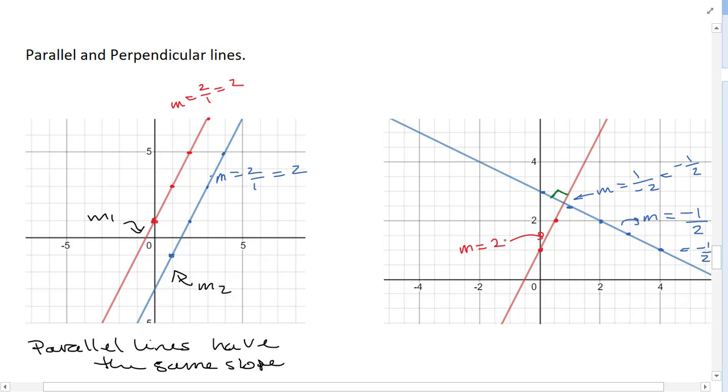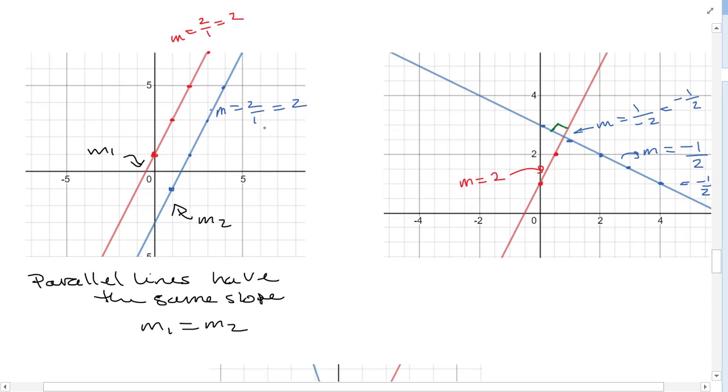So what is the relationship between the slopes? The slope of the red line is 2, and the slope of the blue line is -1/2, and they meet at a right angle. So for perpendicular lines, we say the slopes are negative reciprocals of one another. 1/2 is the reciprocal of 2, the flip of 2; you can think of 2 as 2 over 1. So it's the reciprocal, and it's the opposite.